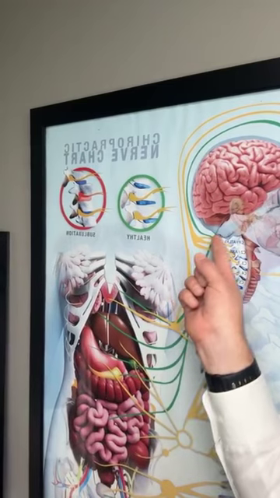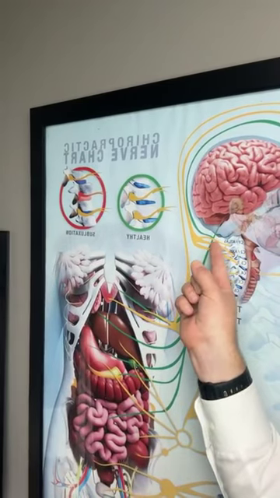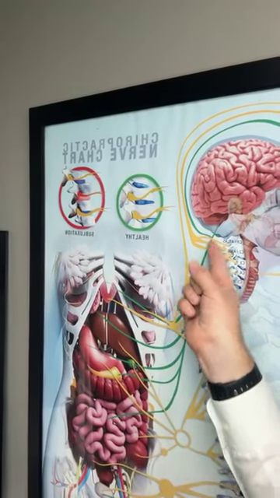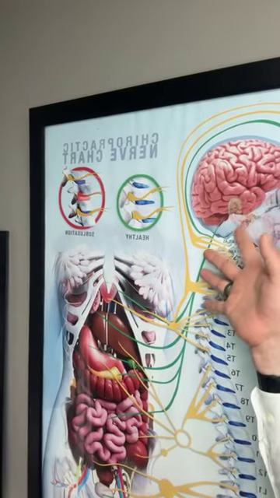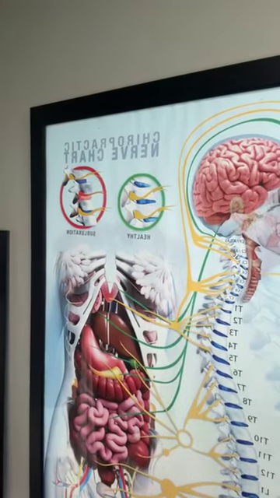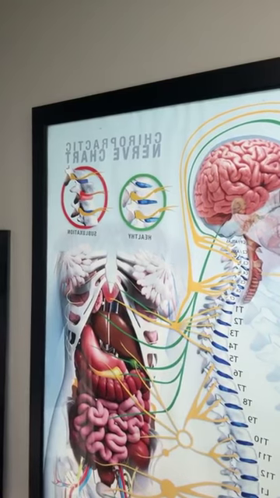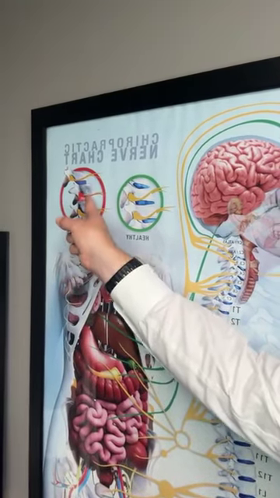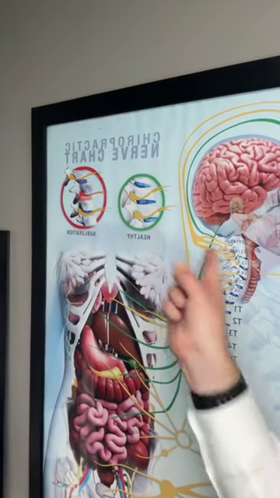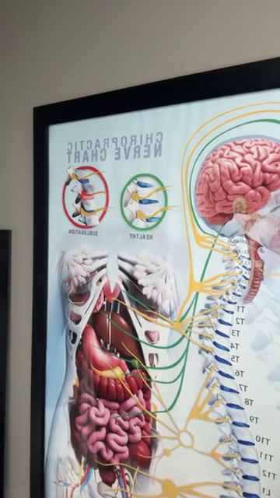Also, there's this green nerve right here, the vagus nerve. It comes out from the atlas occipital area. It also provides nerve innervation to these same organs. So an effect of a subluxation, the pressure on the nerve here, is that nerve is going to have issues. It's not going to function properly. We're going to have issues there, okay?